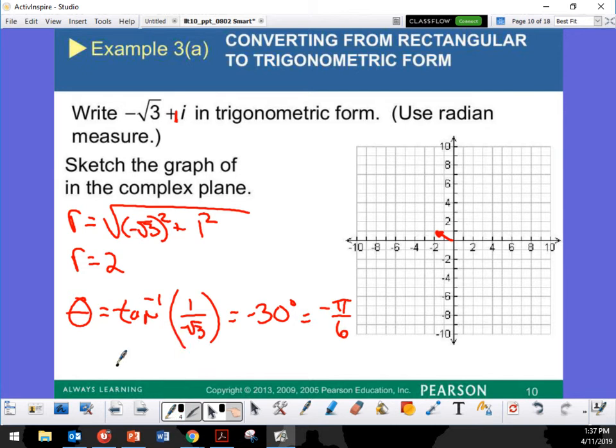Where's it at? Is it over here? It's right there, isn't it? Okay, so that's negative pi over 6, or negative 30 degrees, right? What would I do to put it in the correct coordinate?